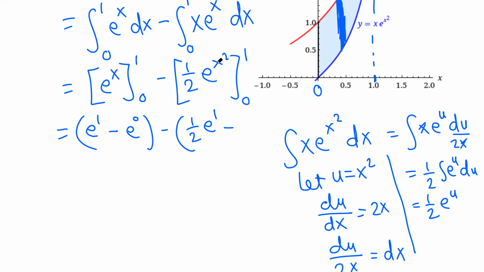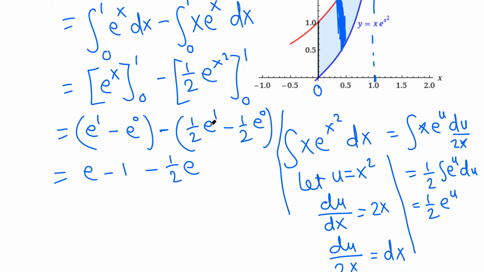Minus lower limit, let's plug in 0, 1/2 times e raised to 0 squared, just 0, e raised to 0. e raised to 1 is just e, an irrational number, minus e raised to 0 is 1. Minus, let me distribute this negative as well. e raised to 1 is just e, 1/2 e, minus minus plus, e raised to 0 is 1, so 1/2.